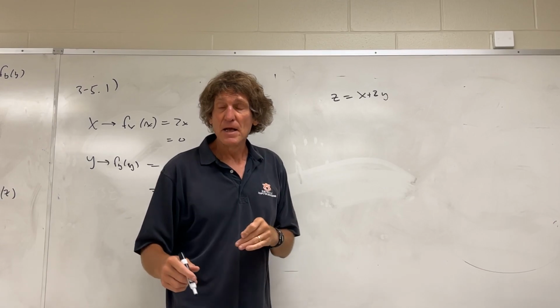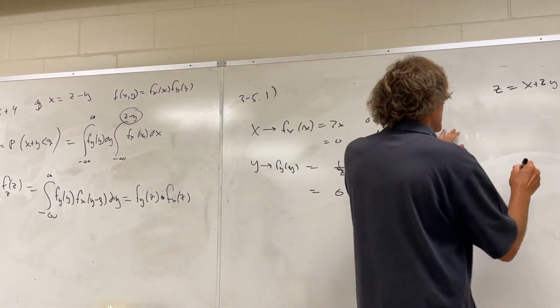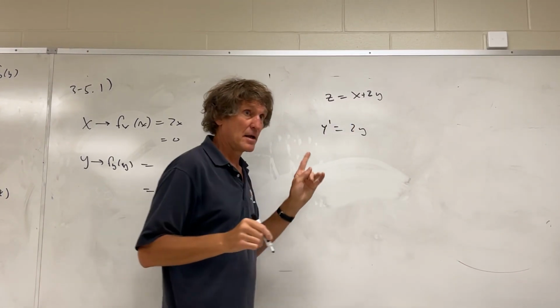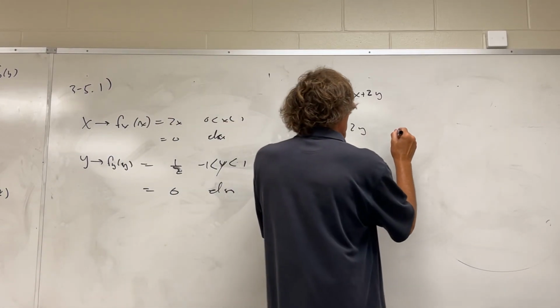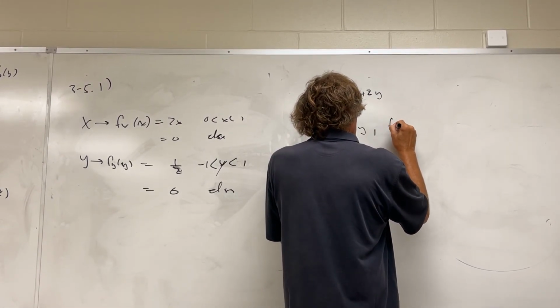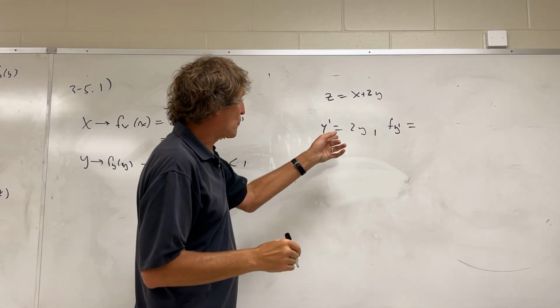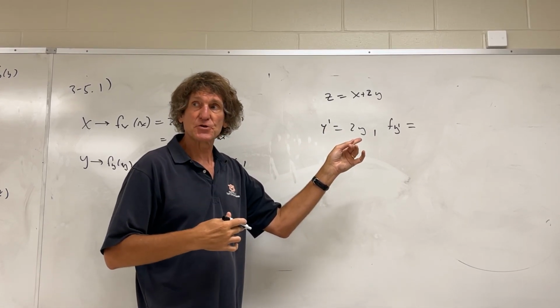Follow me? So he creates a new variable, y prime, and he says y prime is equal to 2y, right? Now, y prime has a density function, right? We need to find f(y prime). Well, if y goes from -1 to 1, y prime goes from -2 to 2.